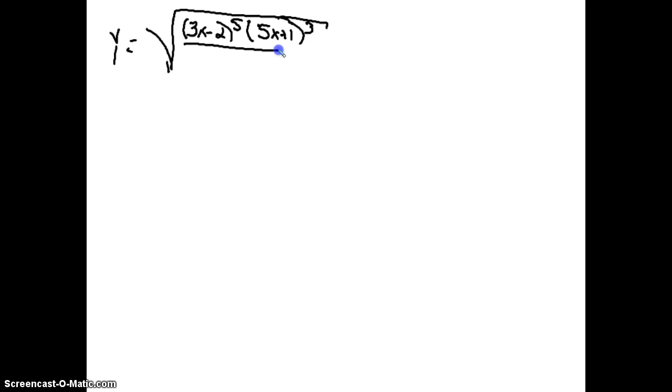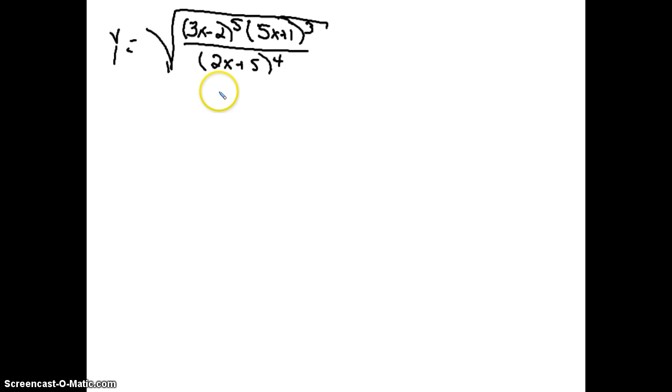All right, the other example I want to do is one of those weird ones. So let's just say we have the square root of (3x minus 2) to the 5th times (5x plus 1) cubed over (2x plus 5) to the 4th.